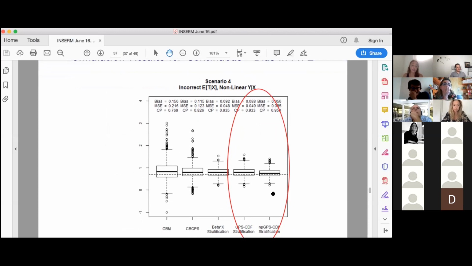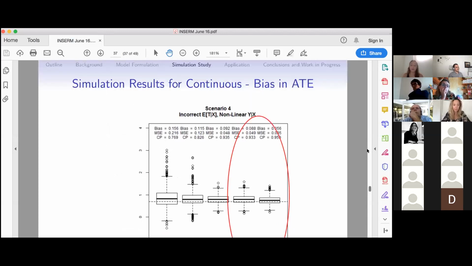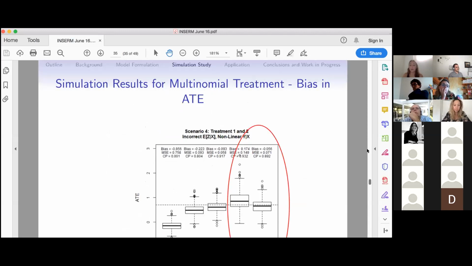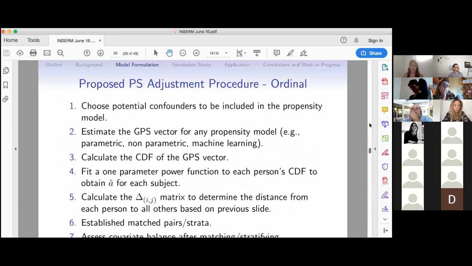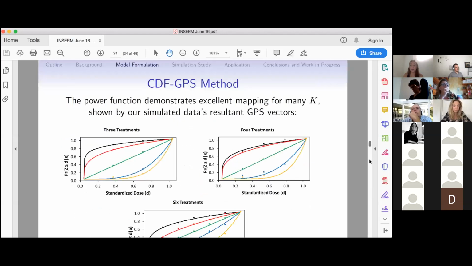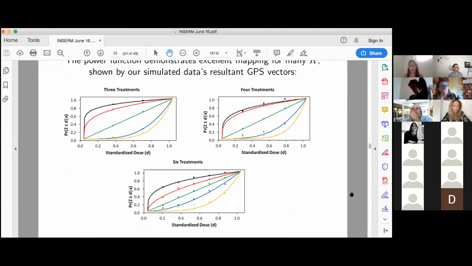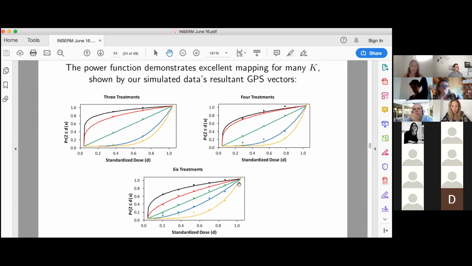So I think, to answer your question, it's based on the A hat, A tilde, appropriately mapping the CDF for every single patient pretty much all the time. Going back to that slide, any CDF shape can be fairly well matched by this power function. So if I'm modeling your CDF correctly, especially in the ordinal case, right?